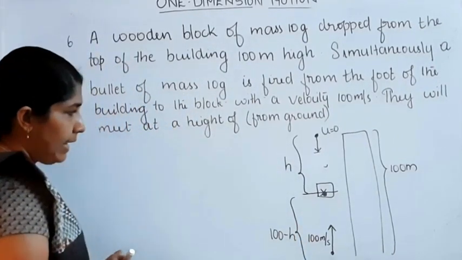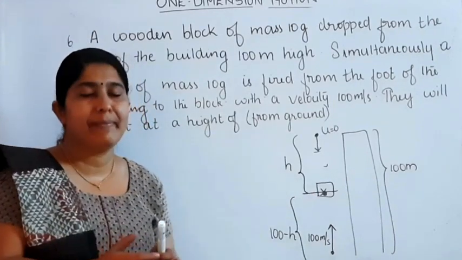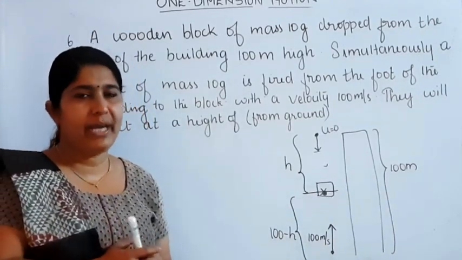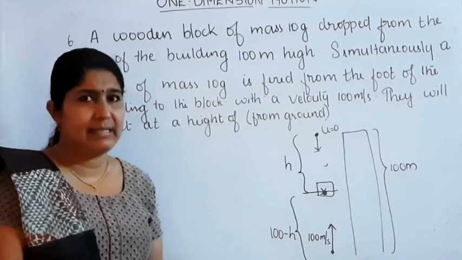At this height, these two bodies meet each other. Now we can write the equations and, substituting the values, we will get the answer.